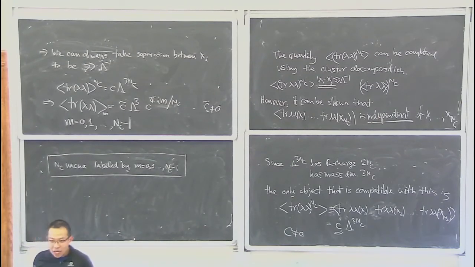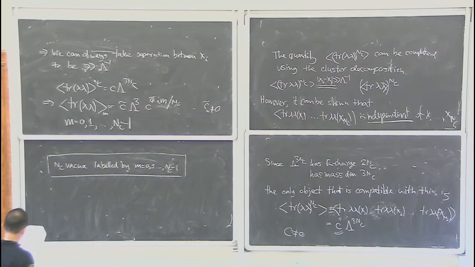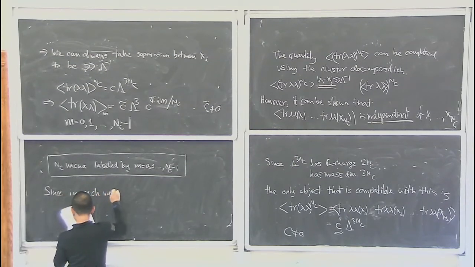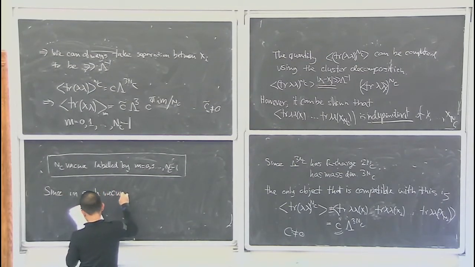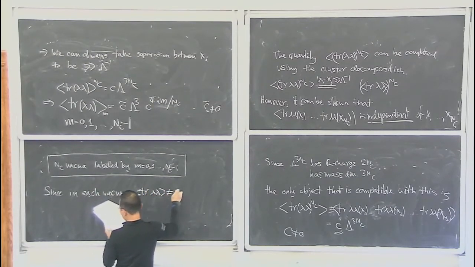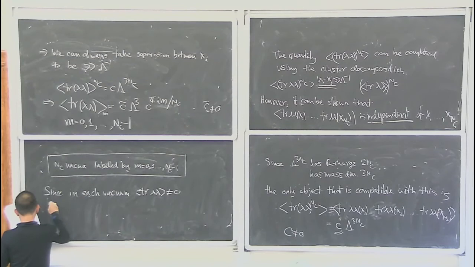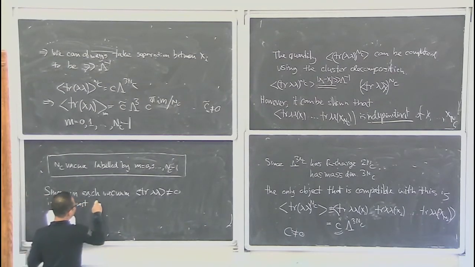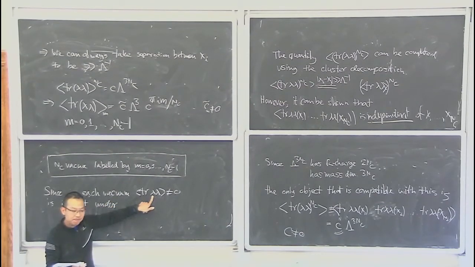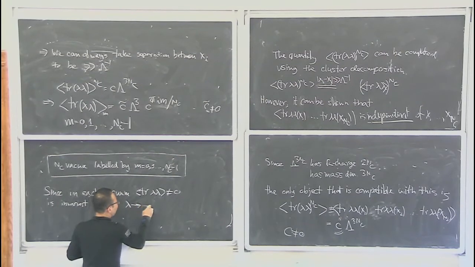So now I have shown that the vacua are discrete, okay? Next, since in each vacuum, trace lambda lambda not equal to 0, it is not invariant under, you agree this labels the vacuum, lambda goes to minus lambda.